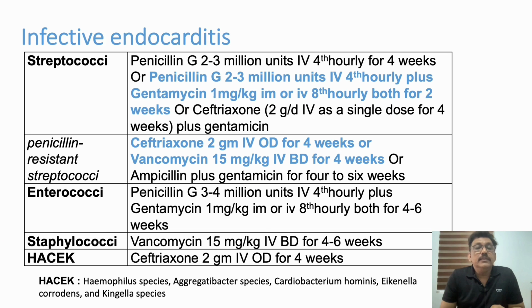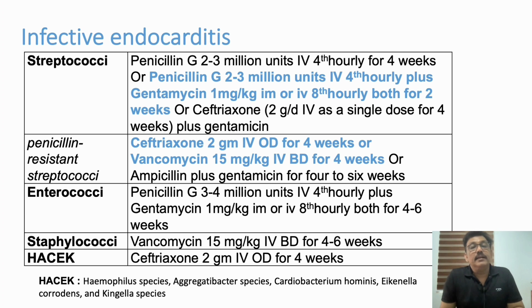But here the most important thing is, when we are starting empirical therapy, again we have to cover gram positive cocci, MRSA and gram negative organisms. So most of the guidelines say you start ceftriaxone 2 gram IV OD for 4 weeks and vancomycin 15 mg per kg IV BD for 4 weeks. Here also the main principle behind treatment is you add one drug for gram positive infection, another drug for gram negative infection.